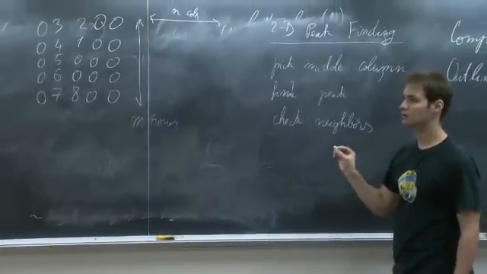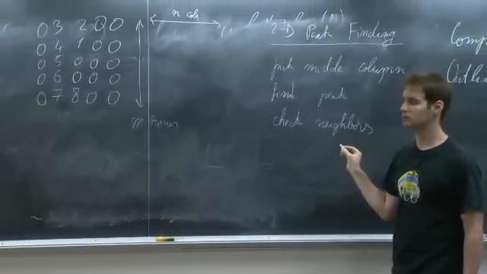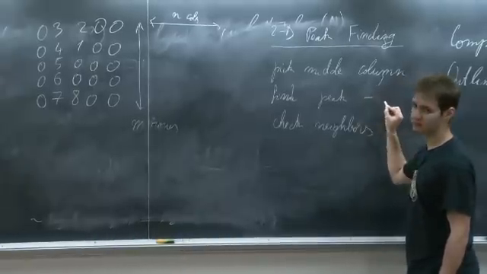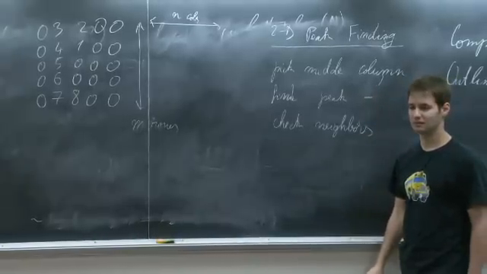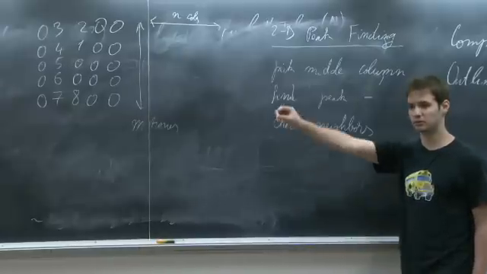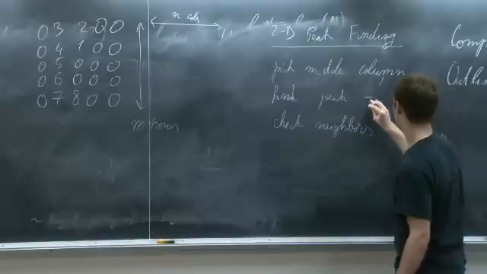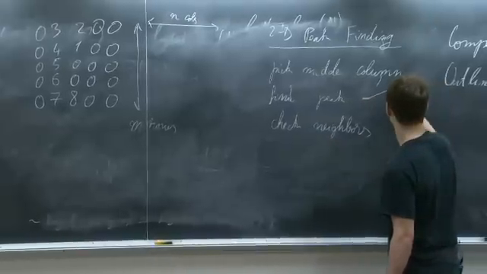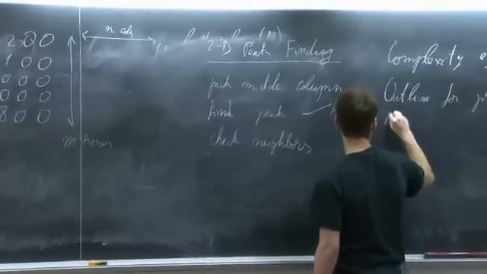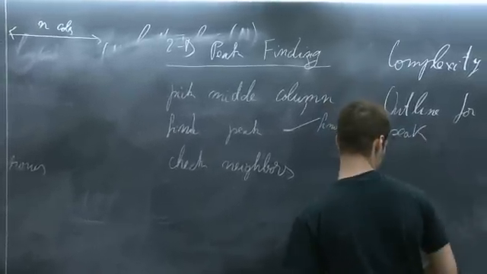Yeah, sorry. Row is the horizontal one, right? Okay. So what do you mean by find a peak here? Like within the column? Yes. So find the peak using what we talked about before? Yeah. Okay. Find 1D peak.